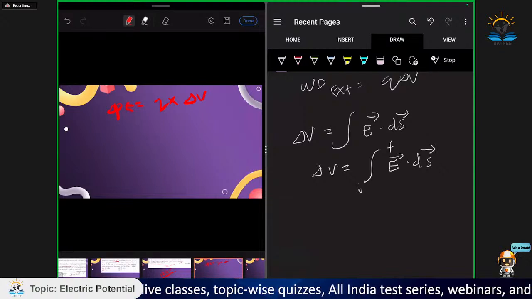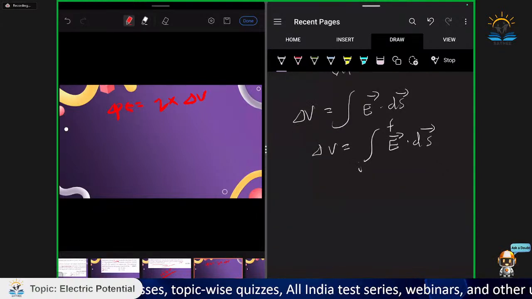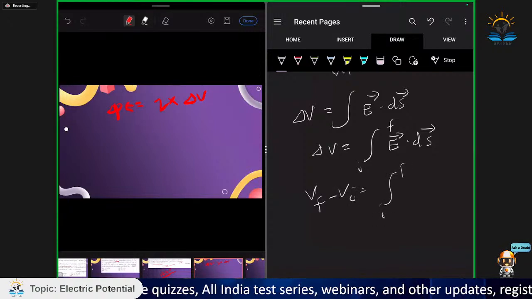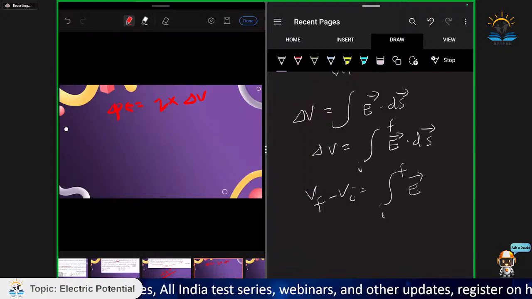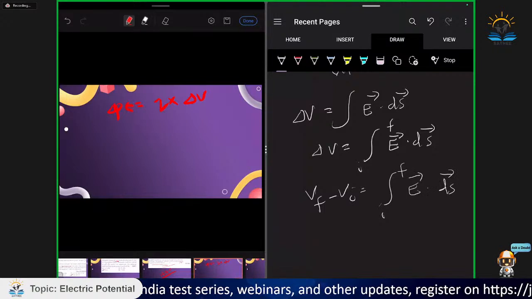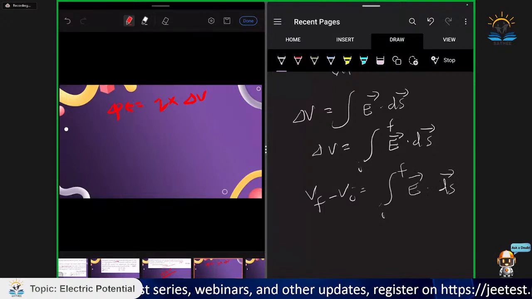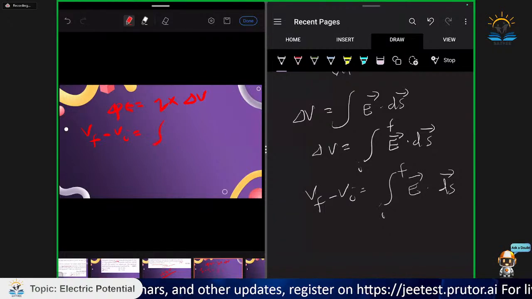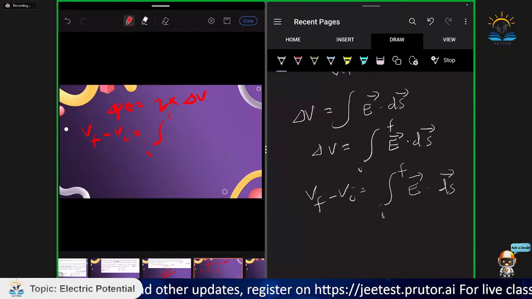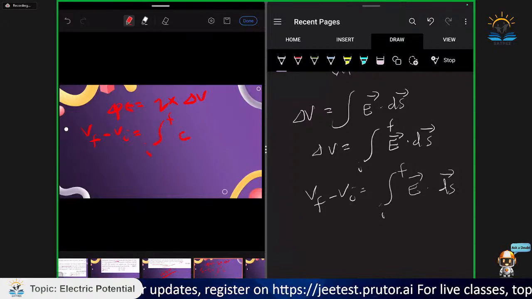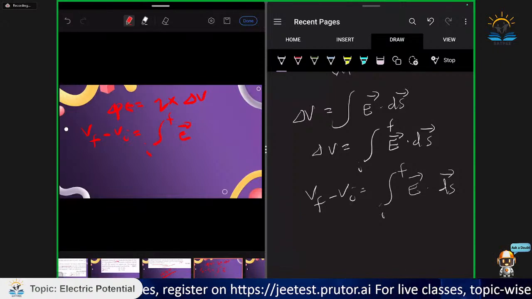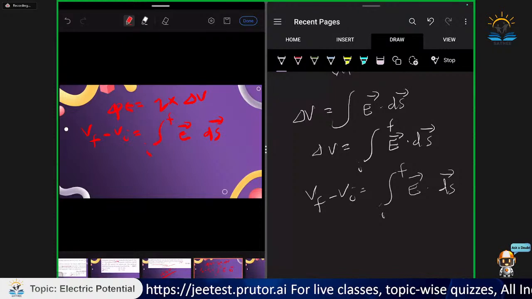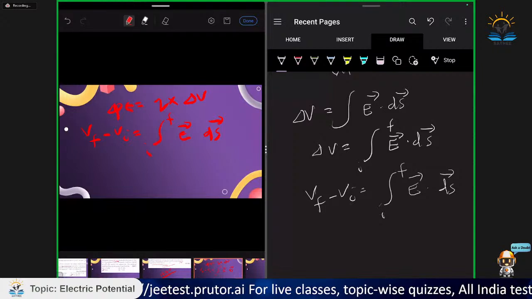So delta V will be V final minus V initial, equal to integral from initial to final of electric field vector E dot ds, the displacement vector.